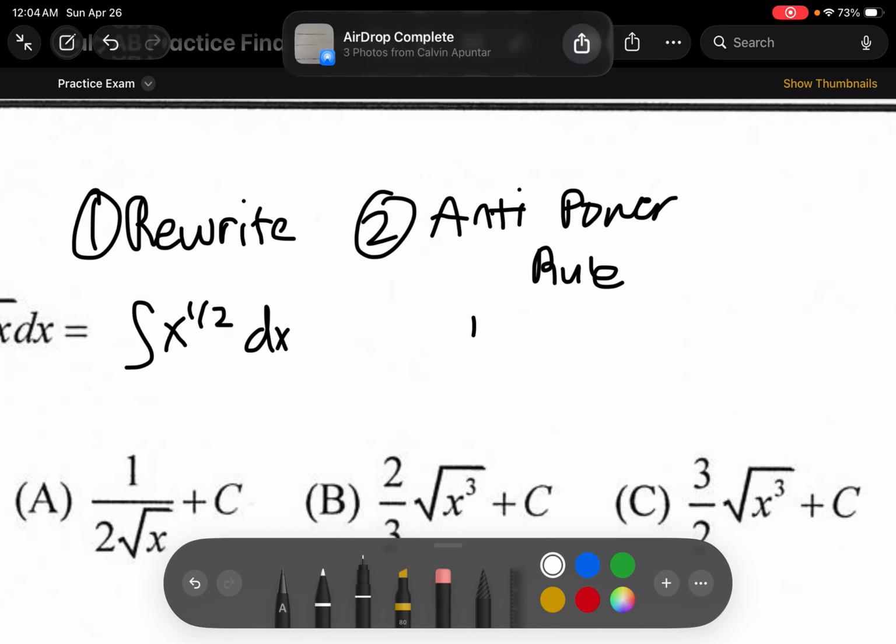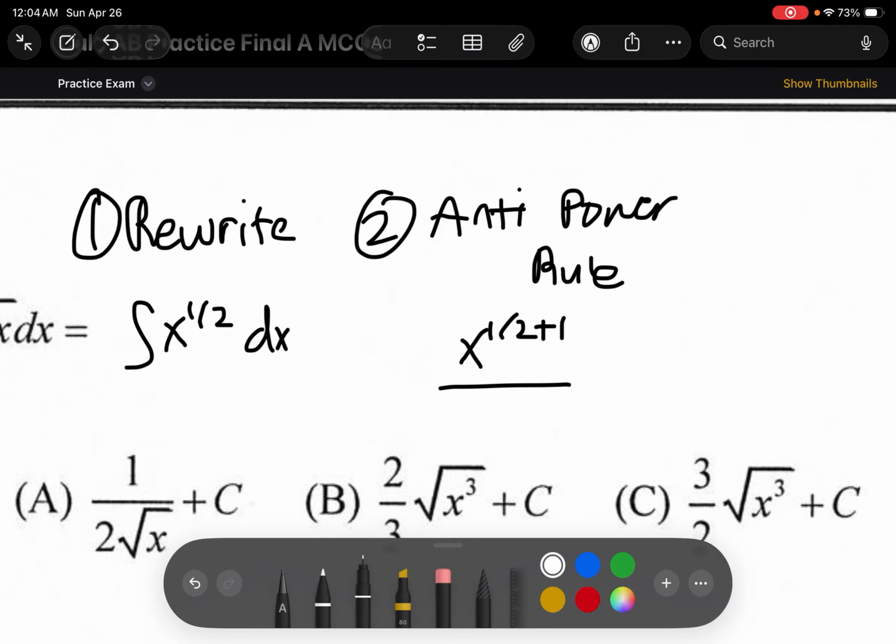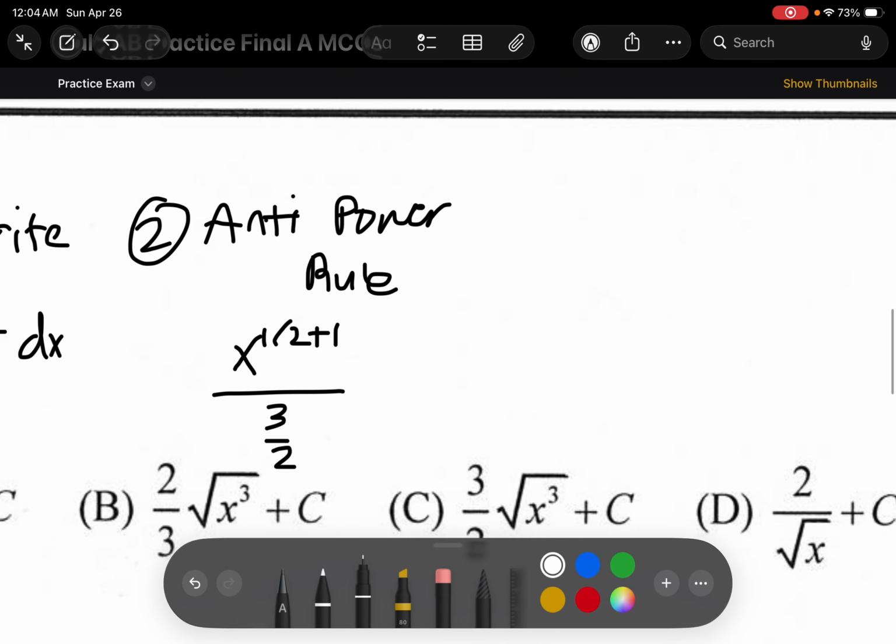The anti-power rule says that you add 1 to the exponent and you divide by that new power. So 1/2 plus 1 is going to be 3/2.